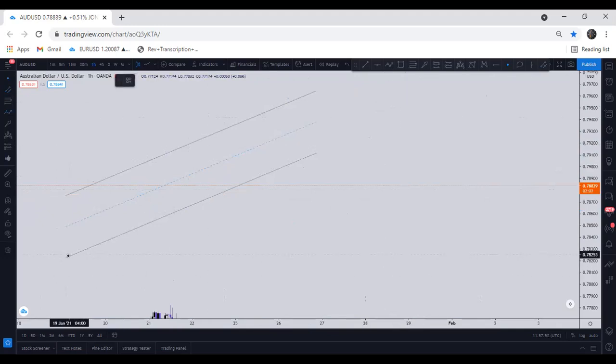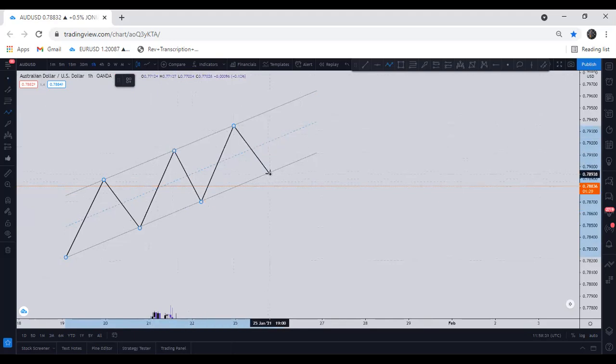If I have a parallel channel that is facing up, price is respecting the upward movement, which is currently in an uptrend, and respecting a channel inside of that, which creates a high here, and then a low, a high again, which is higher than this but respecting a channel, and again a low like this, and then a high which is respecting a channel, and a low and a high which is respecting a channel.